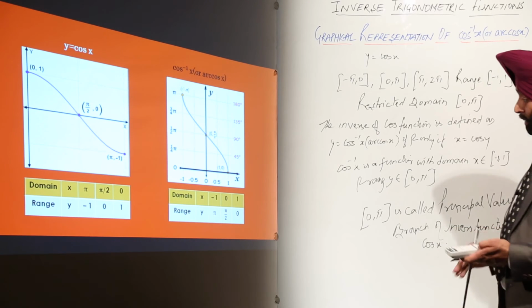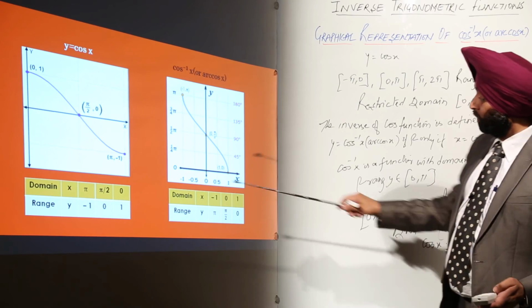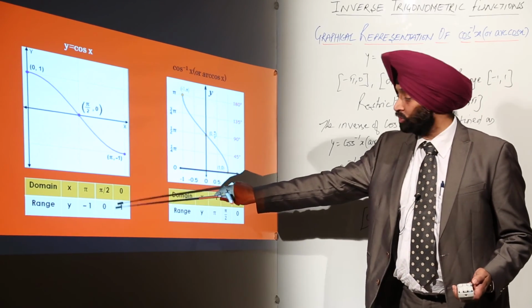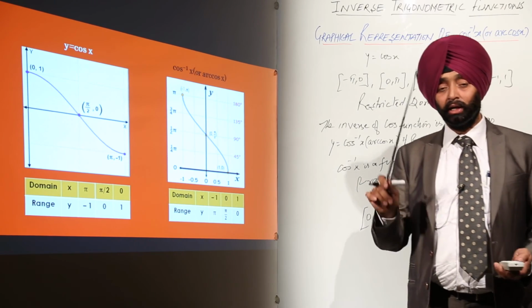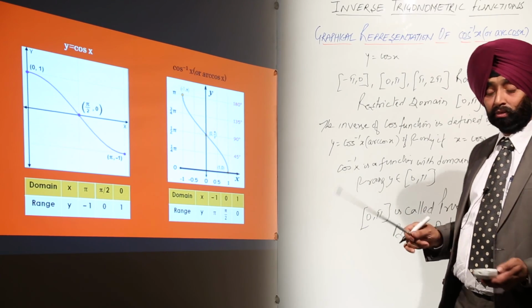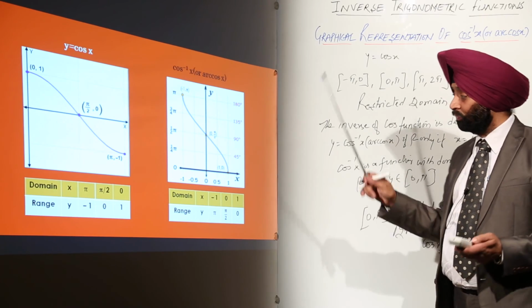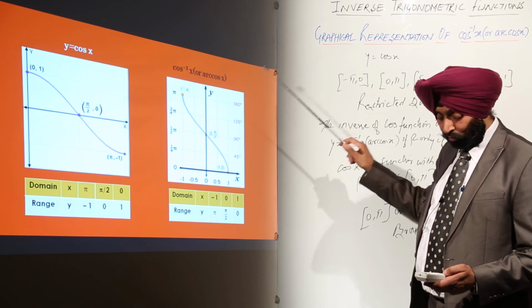Basically, when domain converts to range and range to domain, the trigonometric function becomes one-one onto, and then when it is one-one onto, we can find the inverse of it, and this is the figure for the inverse part.